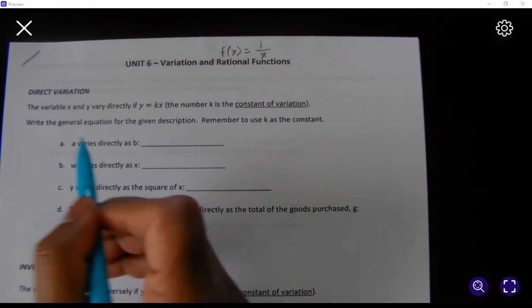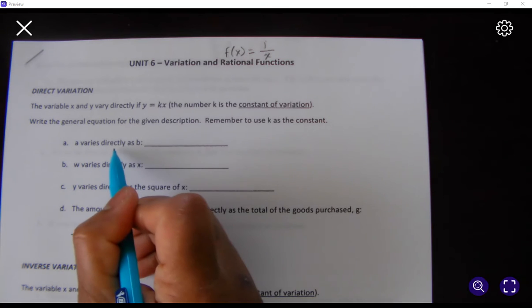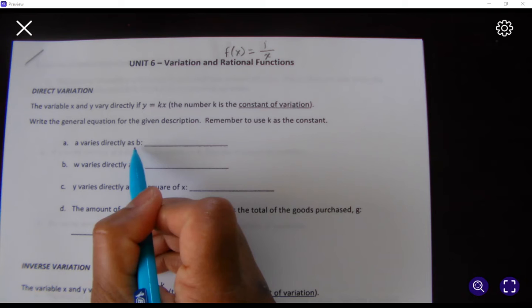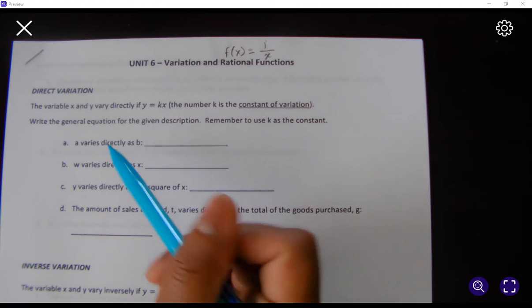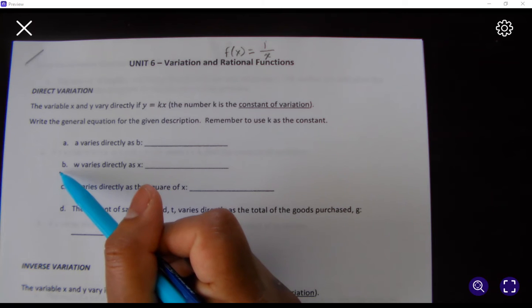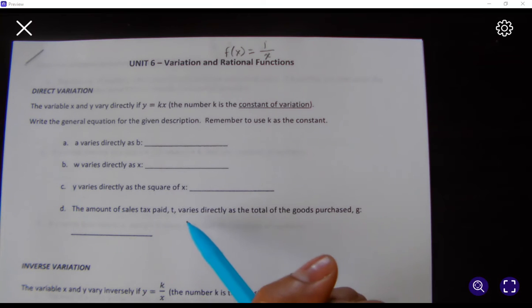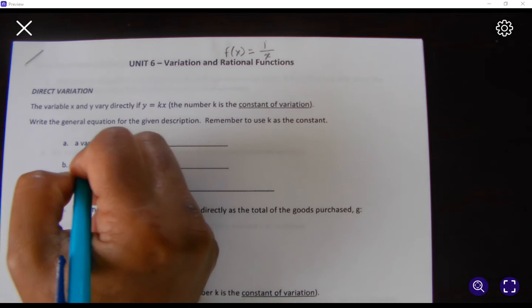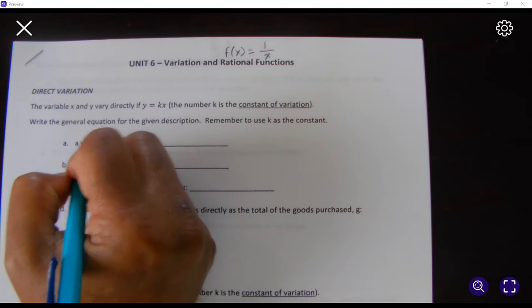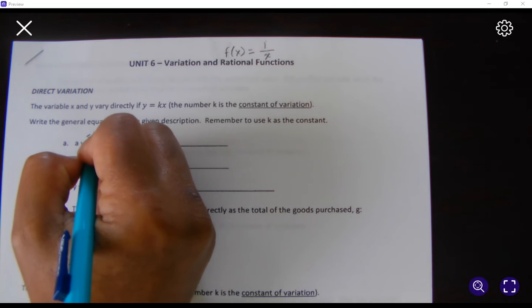All right, let me show you how we generally do these types of problems. The first description I have here is A varies directly as B. You should always see the word varies. In example B, it says varies. Example C, it says varies. And here also. So whenever I see the word varies, on top of it I just write that equals k.